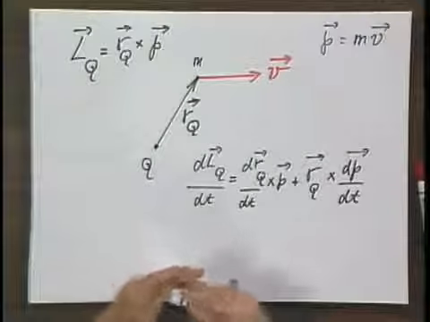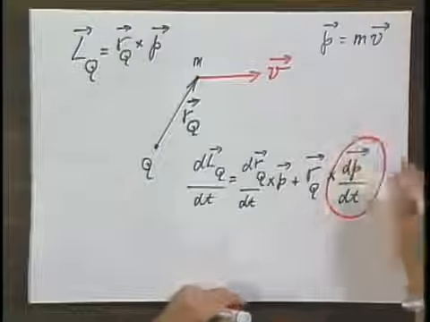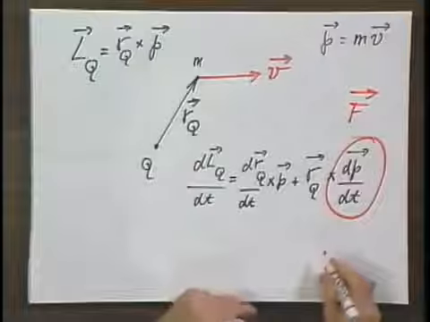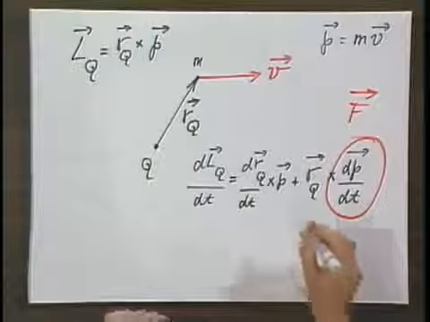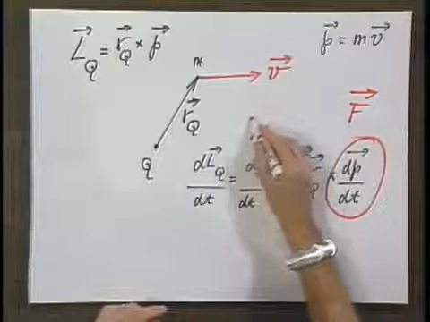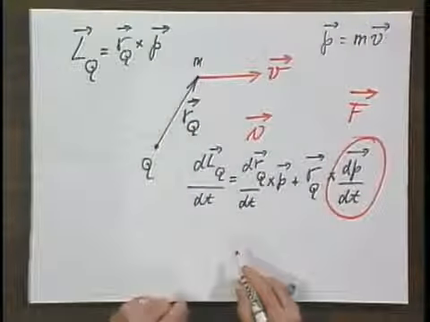Now we see something very interesting. For one thing, dp/dt is force. dr/dt is the velocity of that object m.